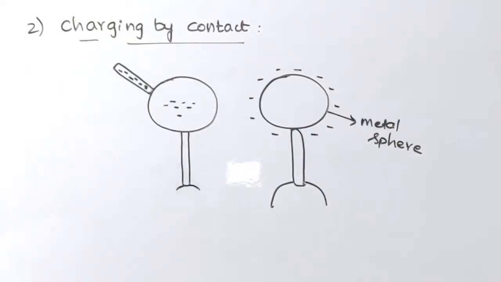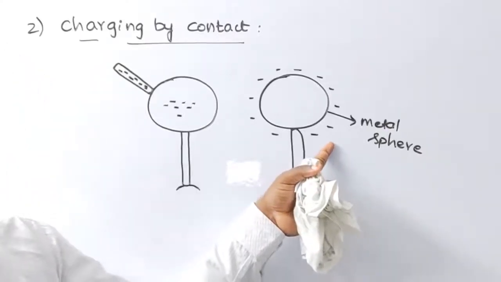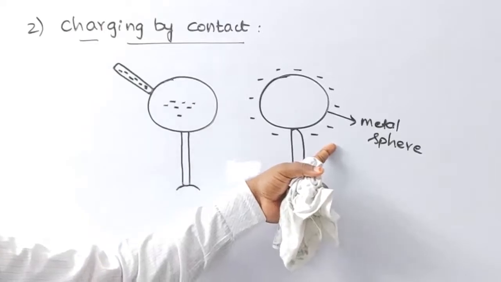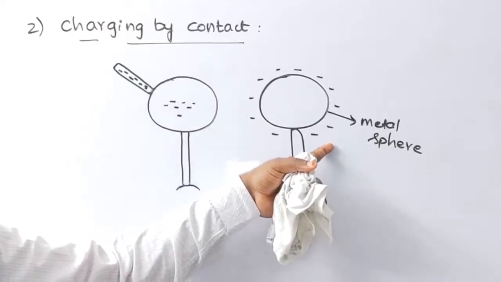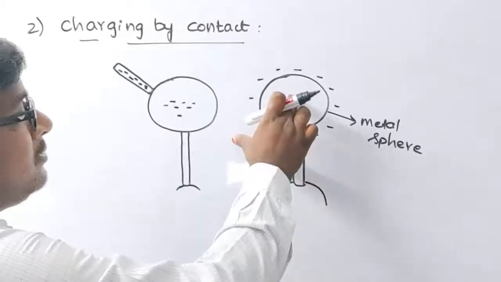So when the rod is removed, the sphere is left with a negative charge distributed over its surface in a similar manner. The sphere will be left with a positive charge after being rubbed with a positively charged body.